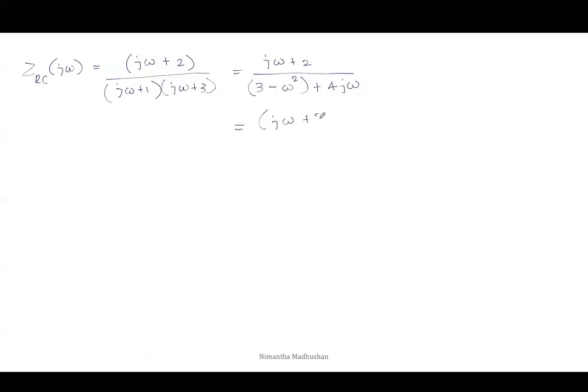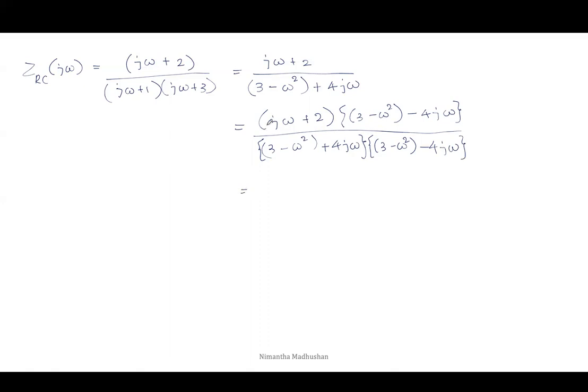The numerator (jω + 2) we multiply by (3 - ω² - 4jω). And the denominator (3 - ω² + 4jω) is multiplied by (3 - ω² - 4jω).